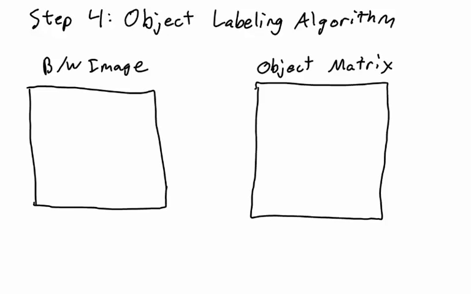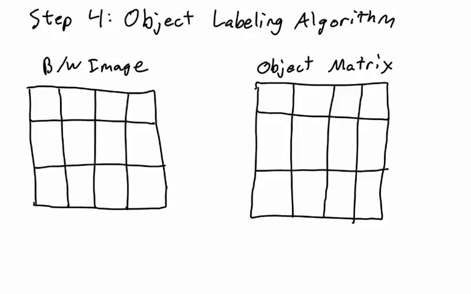The black-white image and the object matrix have the same dimensions. The black-white image is populated with 1s and 0s representing black and white regions. I've shown here a very low resolution example where we have 2 objects represented by groups of 1 pixels and 1 object represented by a group of 0 pixels.